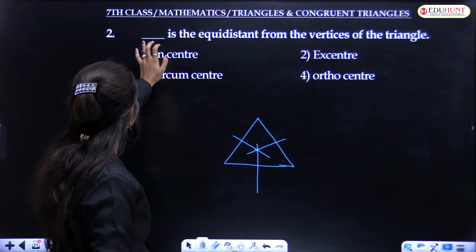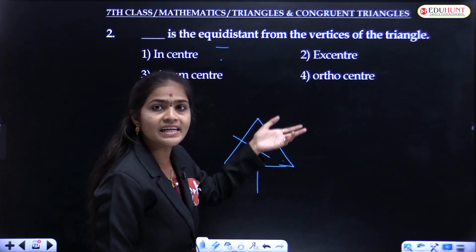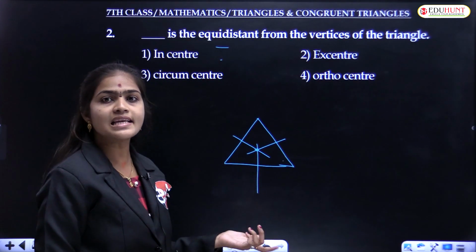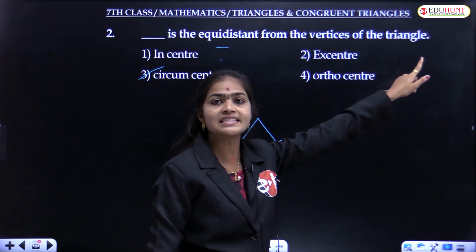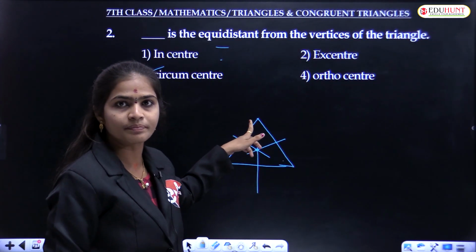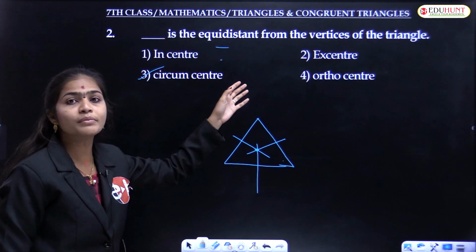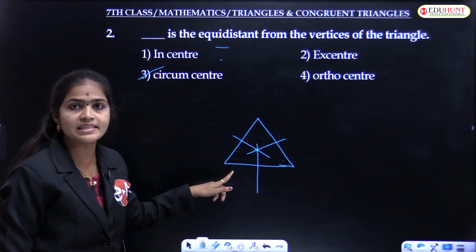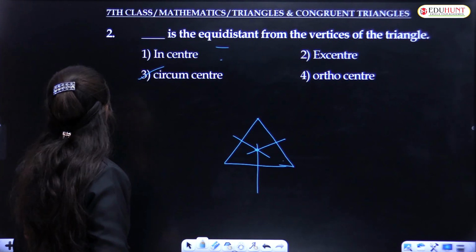So the question is: dash is equidistant from the vertices. Vertices means the circumcenter only. If they ask about equidistant from the sides, then that is the incenter. Here they are asking about the vertices, so our answer is circumcenter. Okay children, let us see the next one.